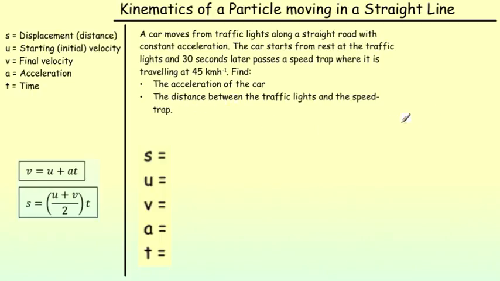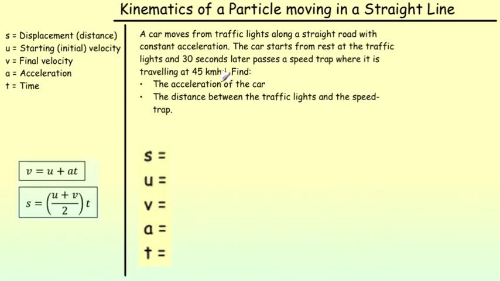So, the first thing you should notice here is that the car starts from rest at the traffic lights and 30 seconds later passes a speed trap where it is traveling at 45 kilometers per hour.